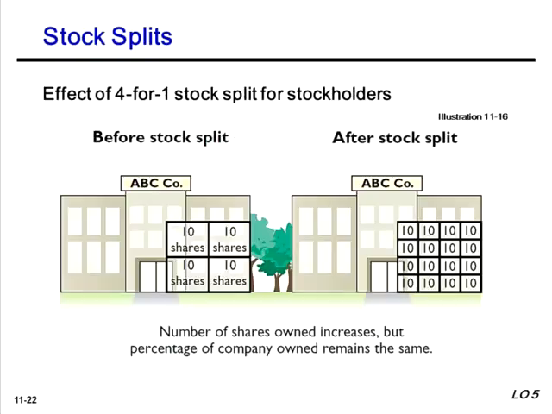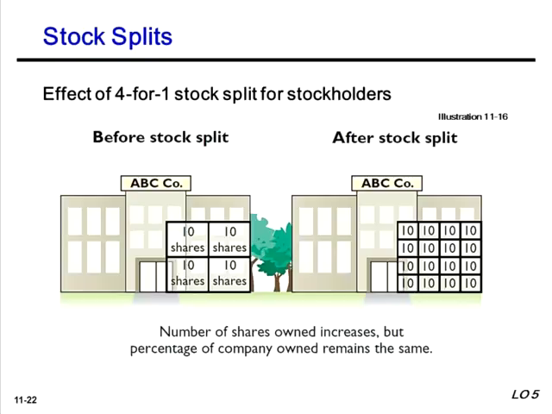Alright, in this illustration, we have a 4-for-1 stock split. So before the split, there are 40 shares outstanding. So if we can make believe, there are 4 shareholders that each own 10 shares.